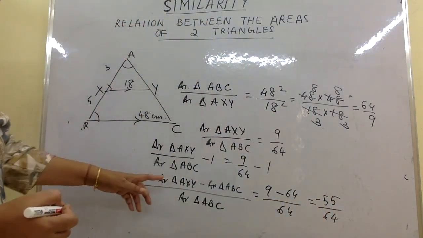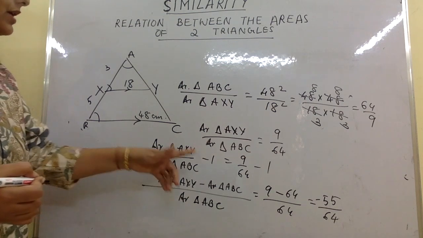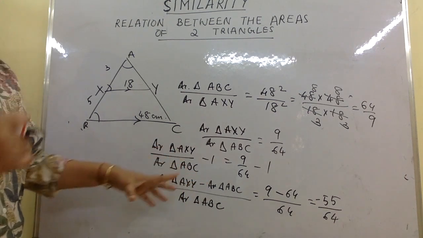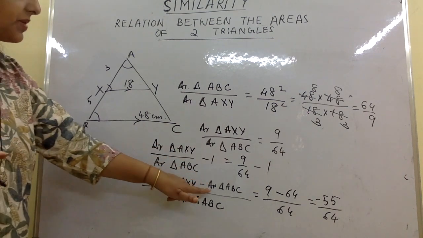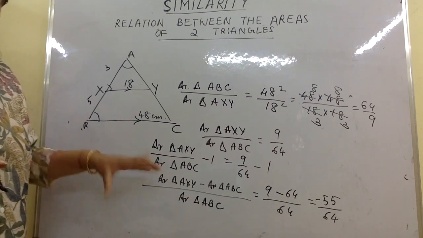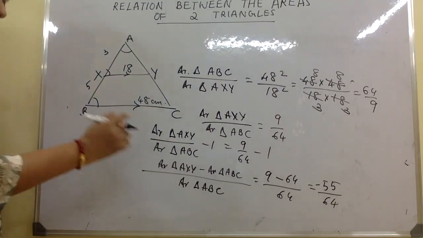Here also, area of triangle AXY minus area of triangle ABC is actually a negative value. Why? Because ABC is bigger, AXY is smaller. So here also when I write the trapezium, I will get a negative value only.